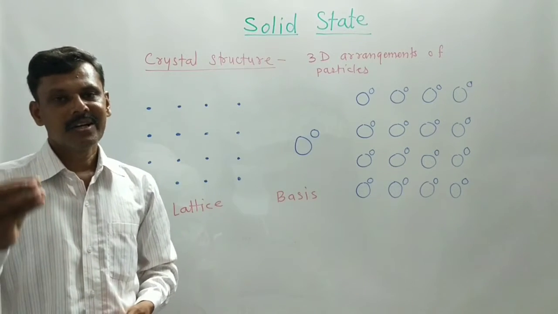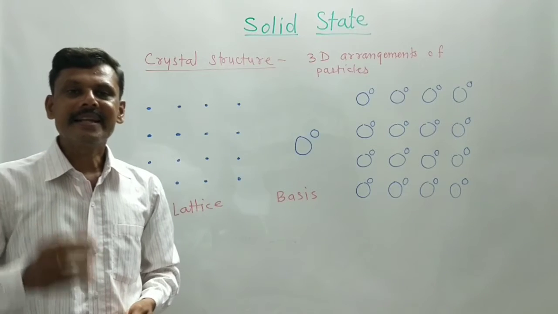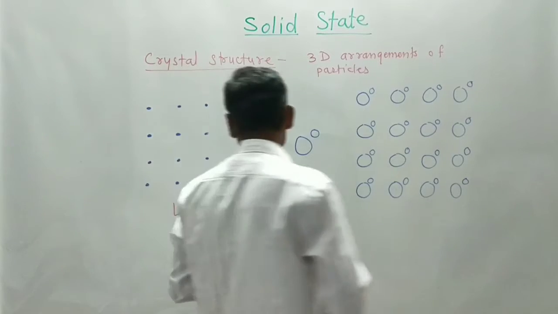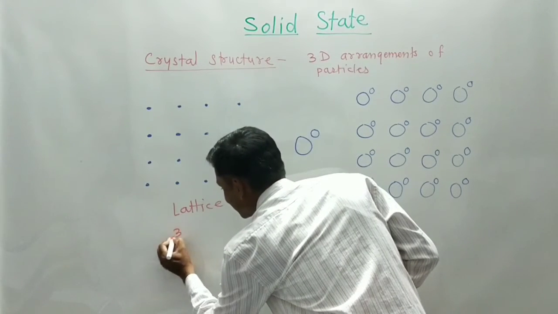What is lattice? Lattice is the geometrical three-dimensional arrangement of points.